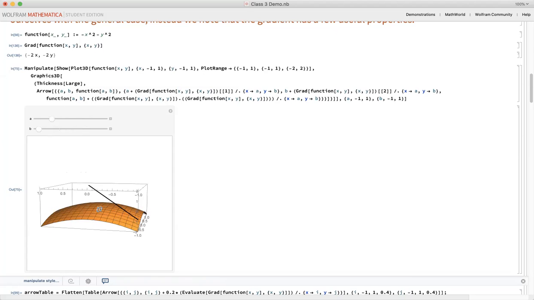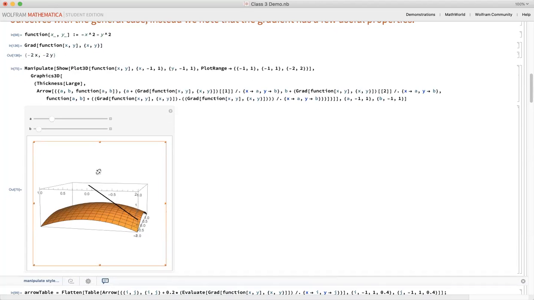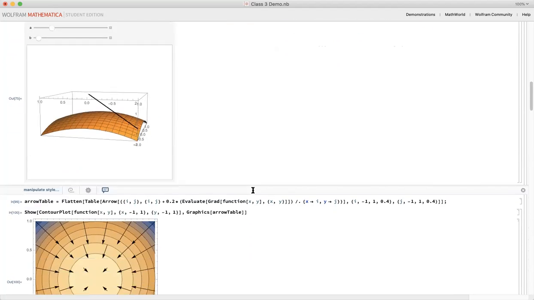So the gradient actually contains a lot of information. It contains a method for finding the derivative in an arbitrary direction by taking a dot product of that direction with the gradient. It includes the direction of greatest increase, which is whatever direction the gradient has, and it gives the magnitude of increase in that direction as well, simply by the magnitude of the gradient.